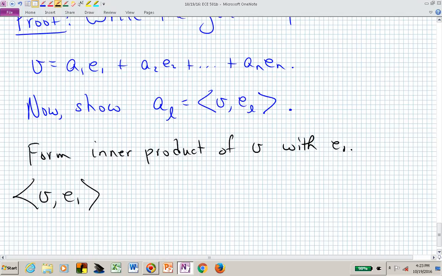Bracket v comma e1. But we said in general v can be written as this line up above. We know that it's a linear combination of our basis vectors, so we now have a1 e1 plus a sub 2 e sub 2, etc. up to a sub n e sub n. That's v, and we want to inner product that with e1.